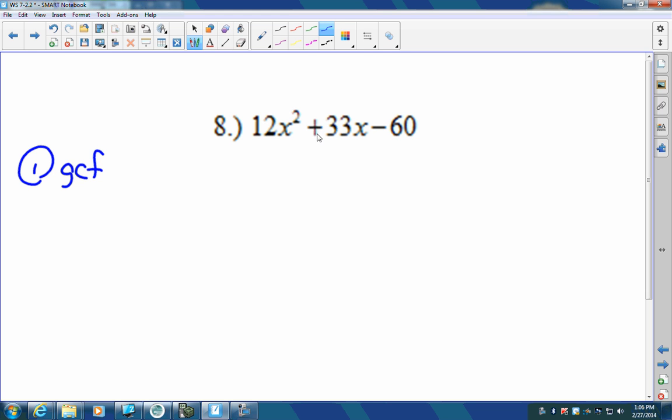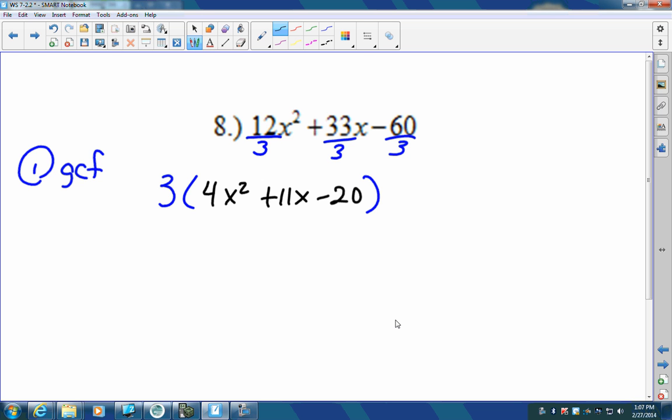What number goes into all of them? 3. My GCF is a 3. So that means I'm going to divide everything out by 3. Guys, this is why we did GCF yesterday. 12 divided by 3, 4x squared. 33 divided by 3, 11x. Negative 60 divided by 3, negative 20.